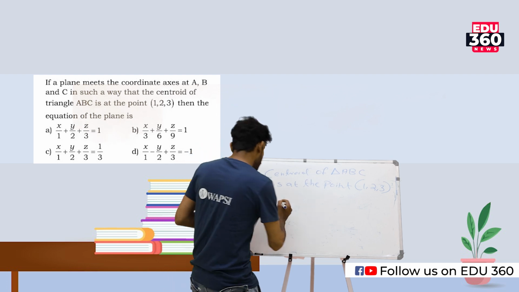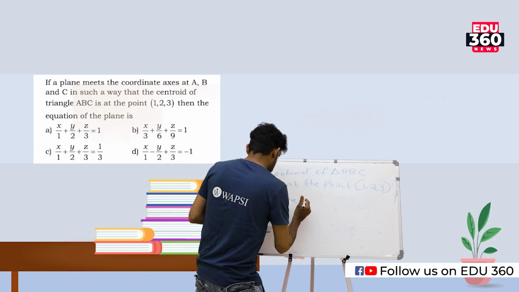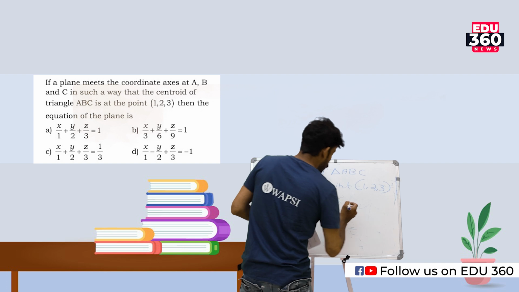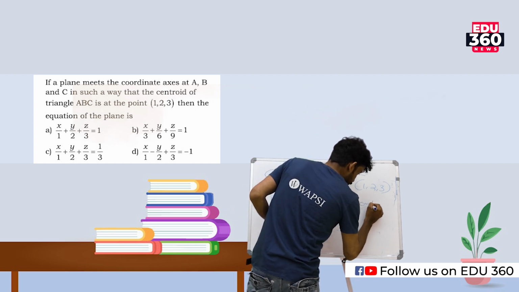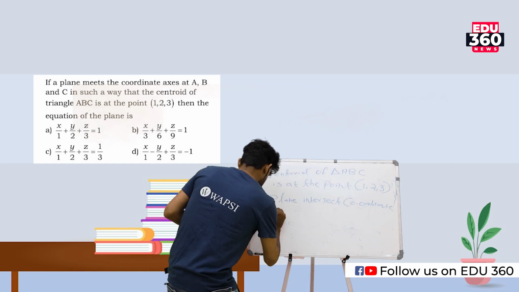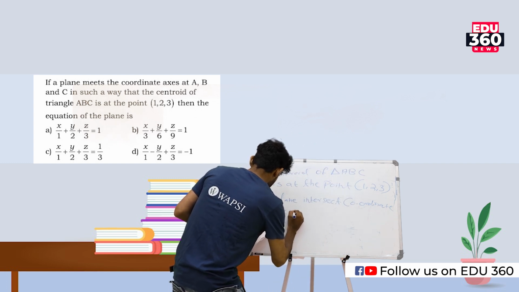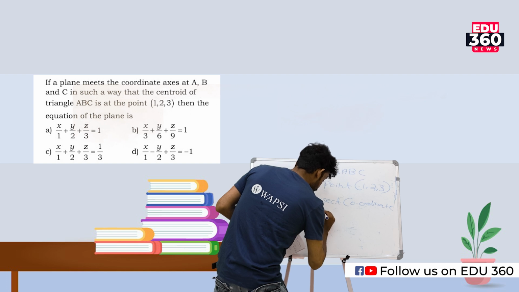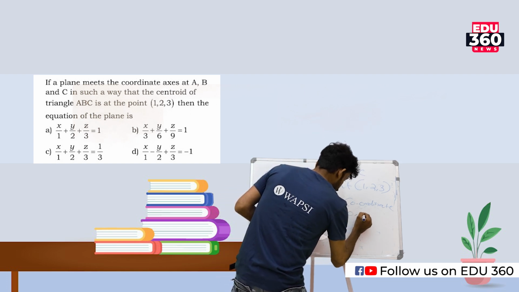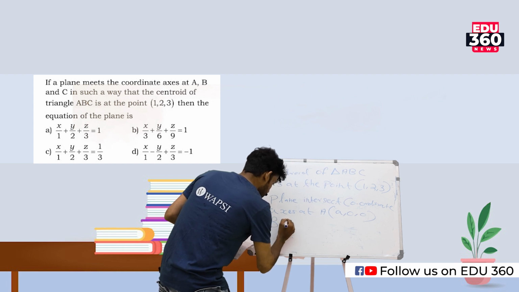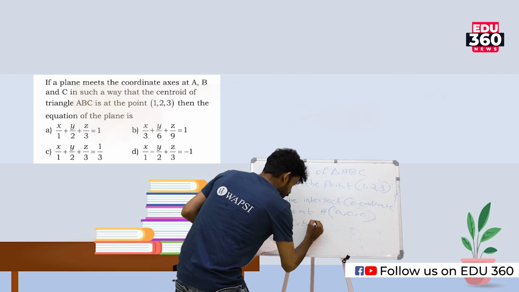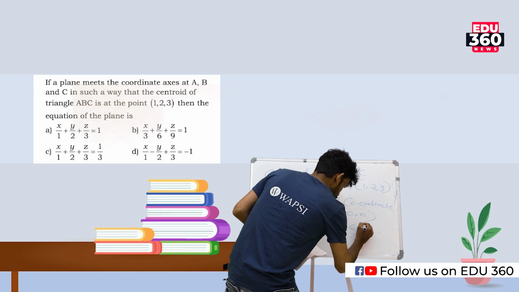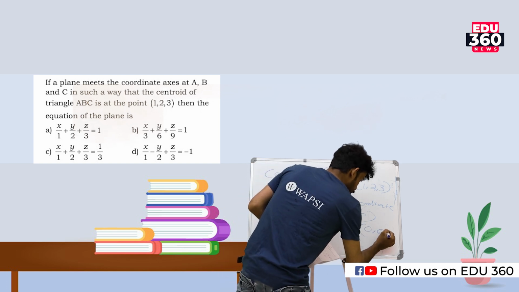First of all, we can write that the plane intersects the coordinate axes at A = (A, 0, 0), B = (0, B, 0), and C = (0, 0, C).